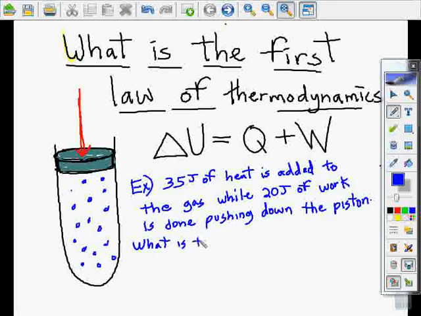What is the increase in internal energy?